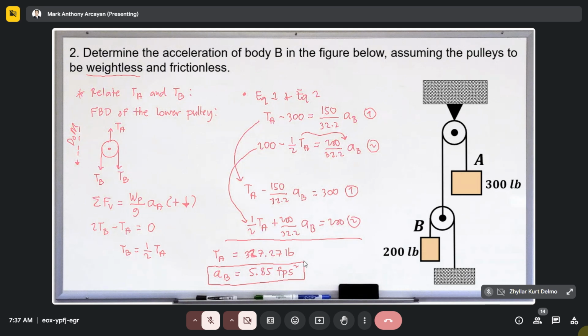I think that's already a larger acceleration, 5.85 feet per second squared, which is not bad for this kind of setup.